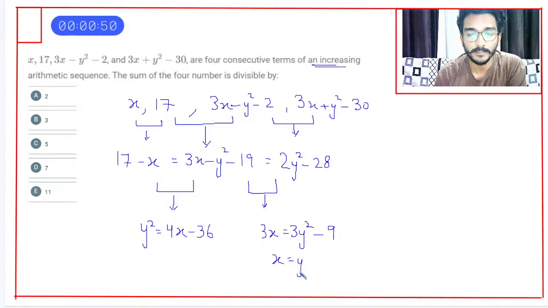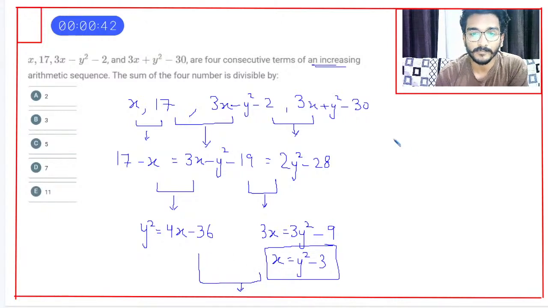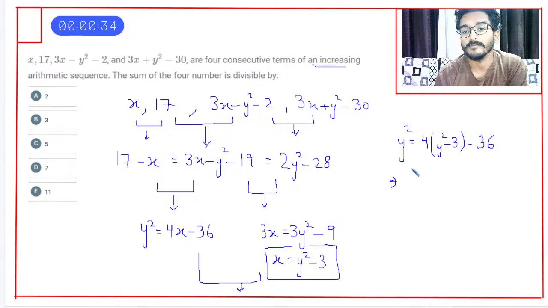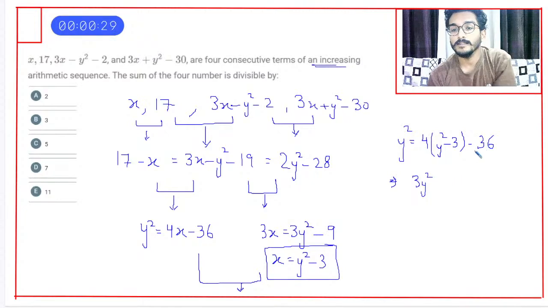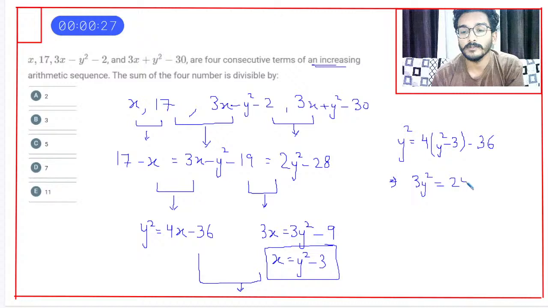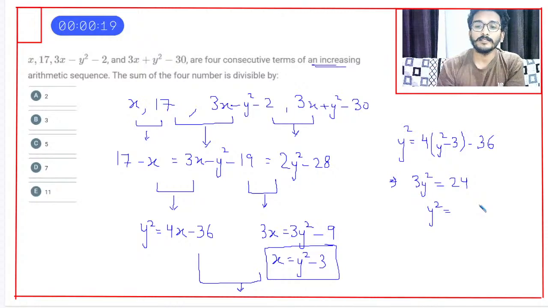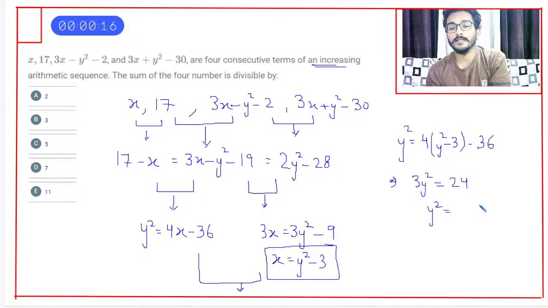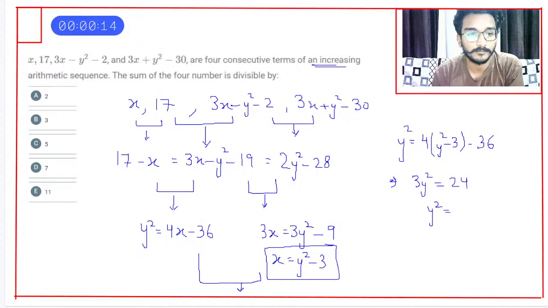So this further can be said like this. I'll just substitute this value in the first equation, solving these two equations now. Substituting the value, x is y square minus 3, so 4y square minus 12 minus 36. It is 3y square, and this is minus 12, oh sorry, it would be added.